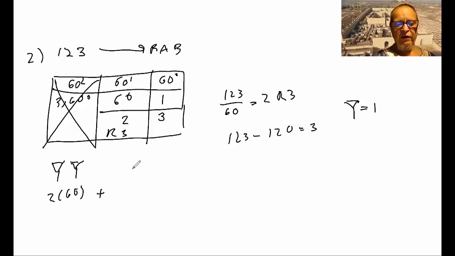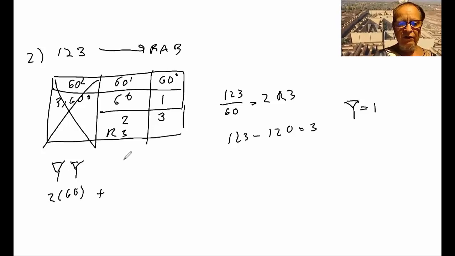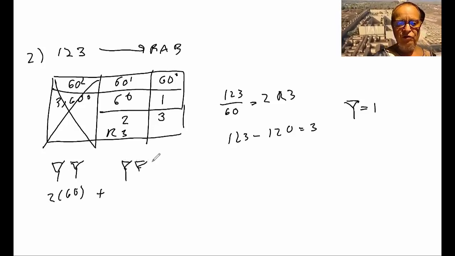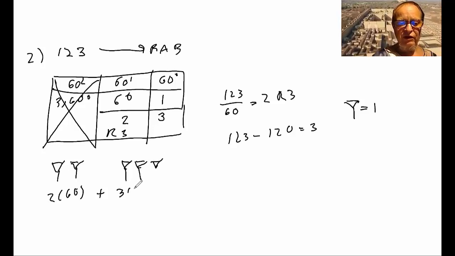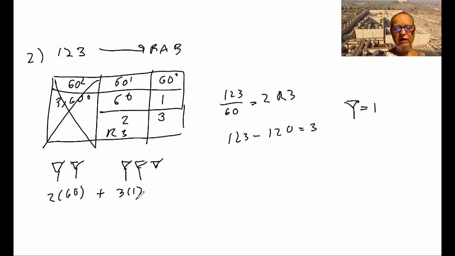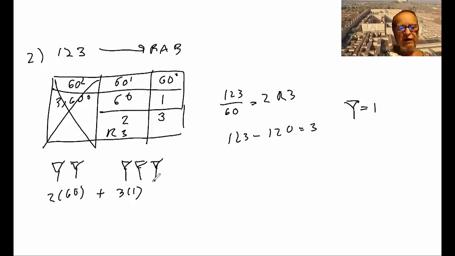And then I leave a space here, and then we add 3, 1, 2, 3, because that will be 3 times 1, and that will give us our final answer.